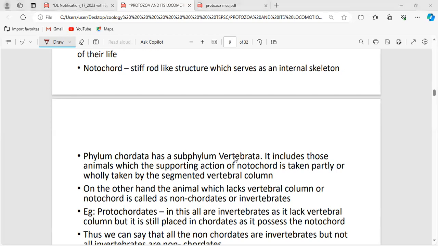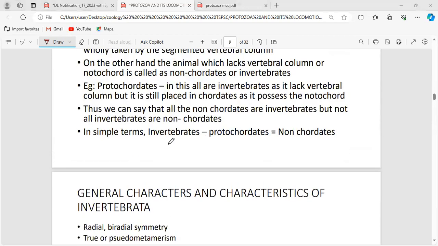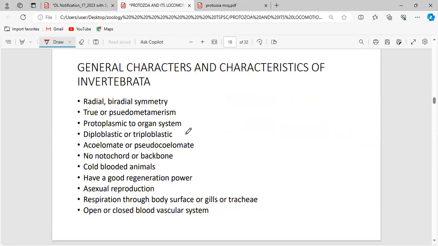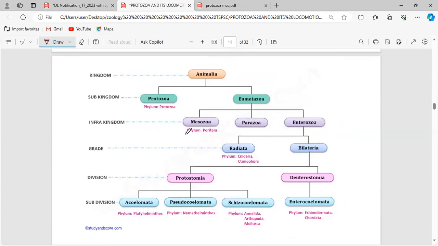Very good. Protochordates. If we eliminate the protochordates from the invertebrates, we get the non-chordates. But generally, we say non-chordates and invertebrates are the same, but they are not actually synonyms, right? There is a slight difference between these two.